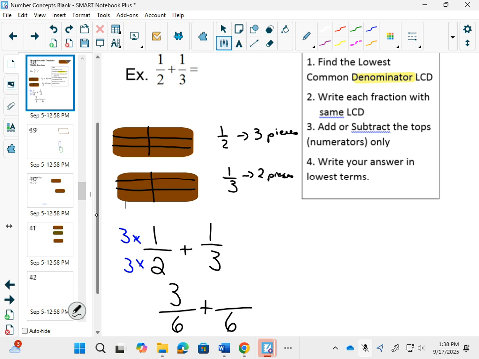And my 3, I'd have to multiply that by 2, then I'd have to multiply the top by 2. And we said that a third of the chocolate bar was 2 pieces. And so what happens is we take our original fraction, which was 1/2 plus 1/3, and we rewrite it so the pieces are the same size.